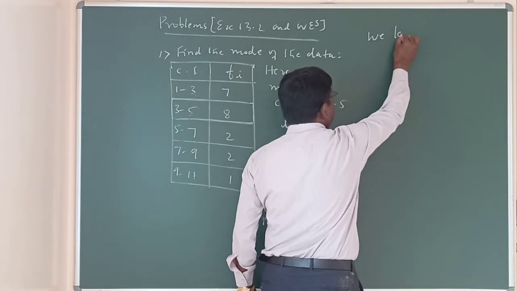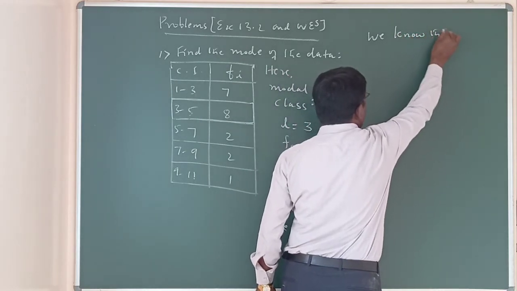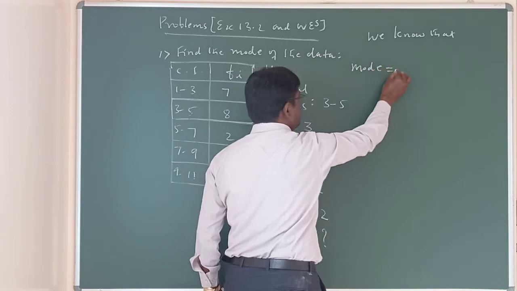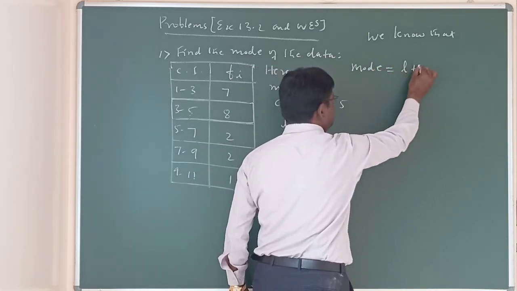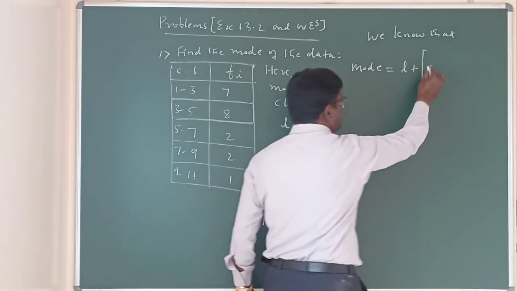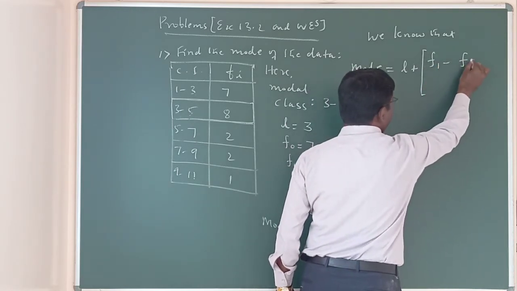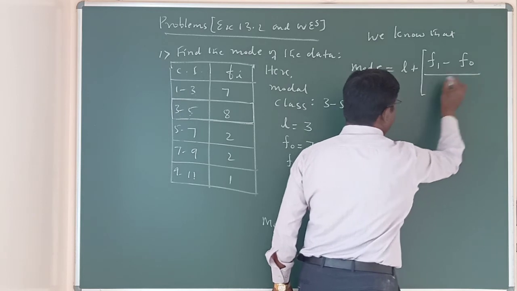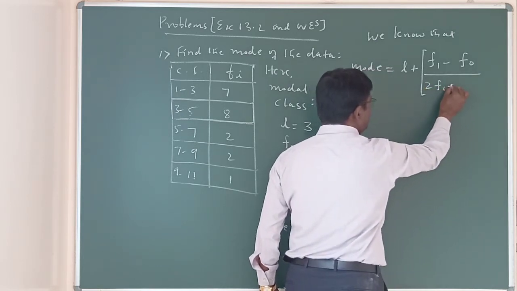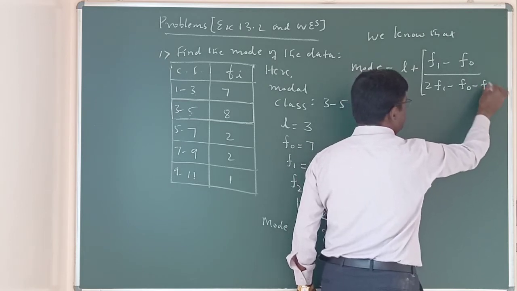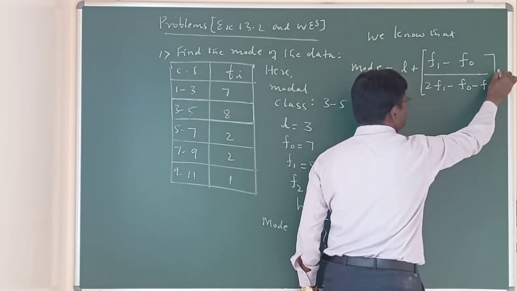What is the formula for mode? Mode equal to L plus F1 minus F0 divided by 2F1 minus F0 minus F2, into H.